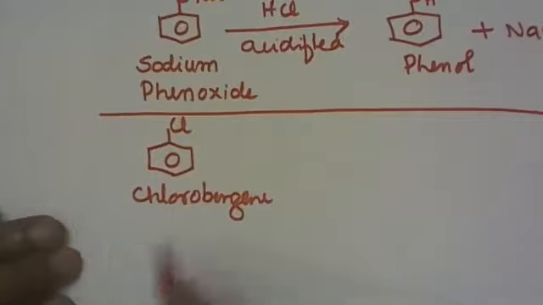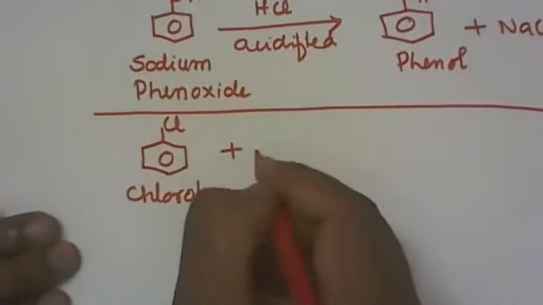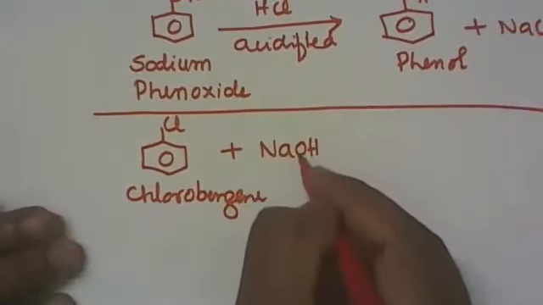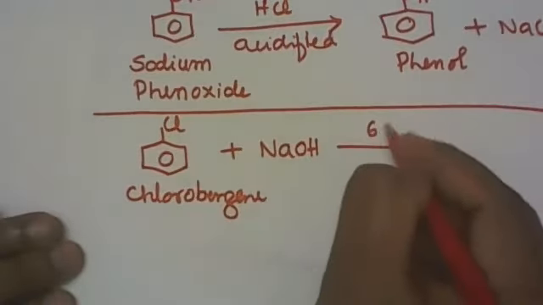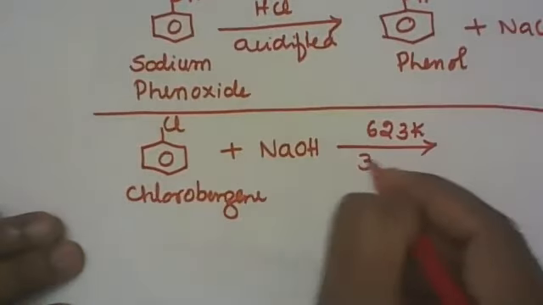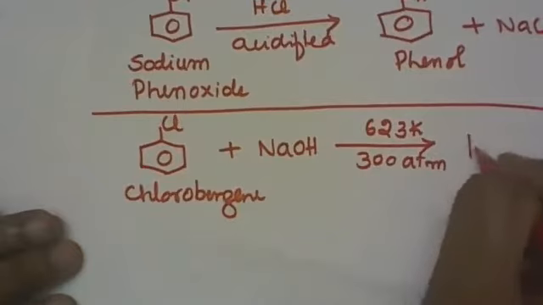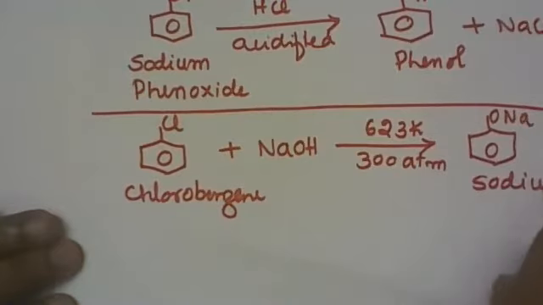Chlorobenzene reacts with NaOH, sodium hydroxide, fused because we are taking solid sodium hydroxide, at 623 Kelvin under 300 atmospheric pressure to give the sodium salt of phenol called sodium phenoxide.